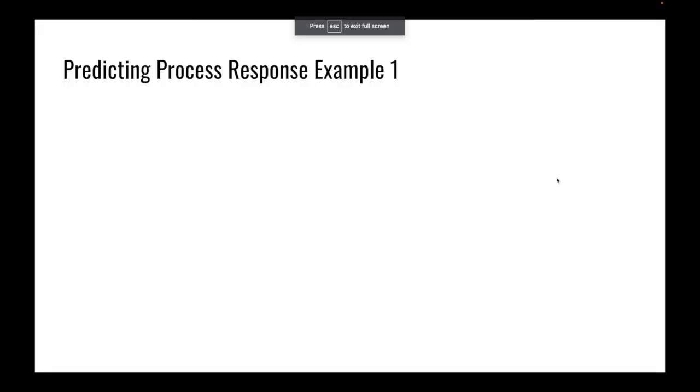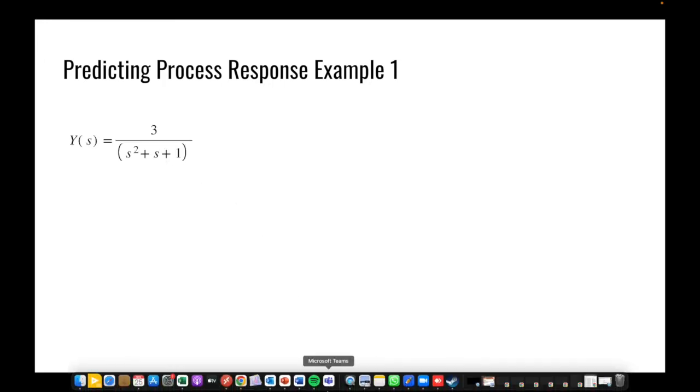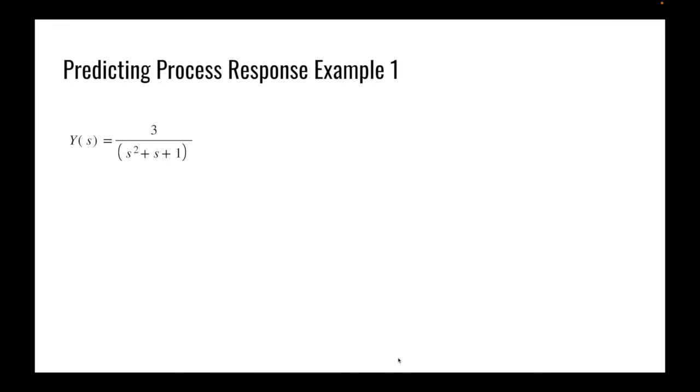All right, so I'm going to go over a few examples using the tools that have been introduced. This first one goes over some of the methods introduced earlier. Here we have this equation that represents the process response. What we're going to do is analyze the denominator, and we're going to determine the roots of the denominator to predict this dynamic behavior.